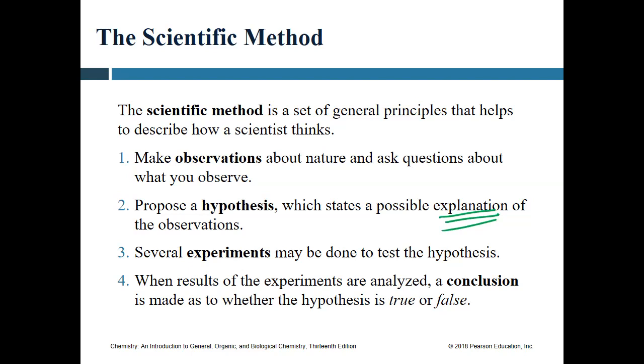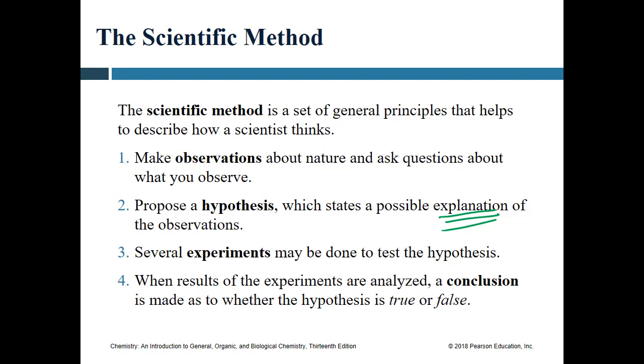A hypothesis has to explain why something occurs. It can't just be a statement of what. Statements of what fall into a different kind of category of scientific thought. That's getting more into the ideas of a law as opposed to a hypothesis or a theory.